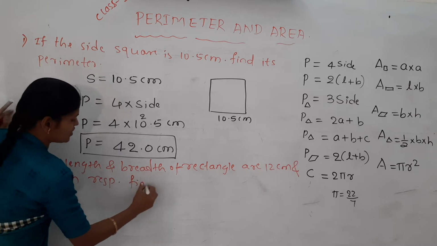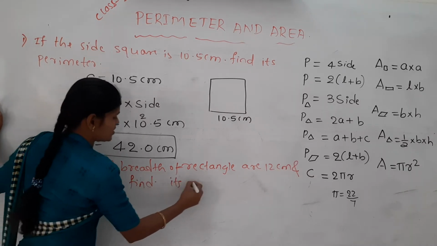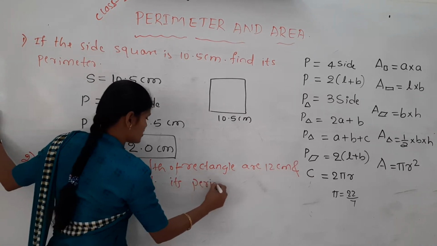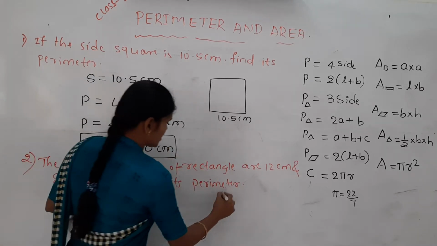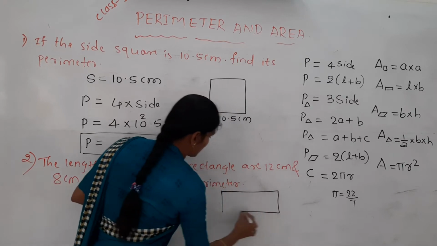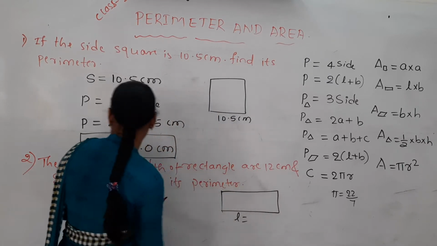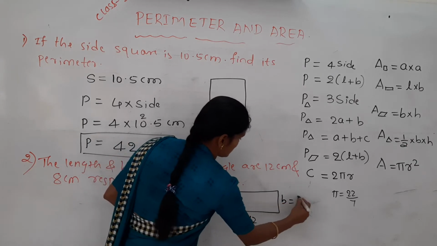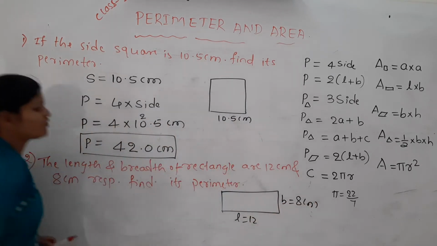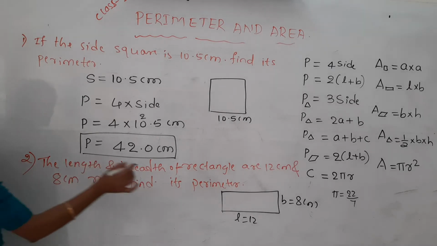Then find its perimeter. It is too easy, he has already given everything. This is one of the rectangles. What is the length? He has given: length is 12 centimeter and breadth is 8 centimeter. Then we are finding the perimeter of the rectangle.